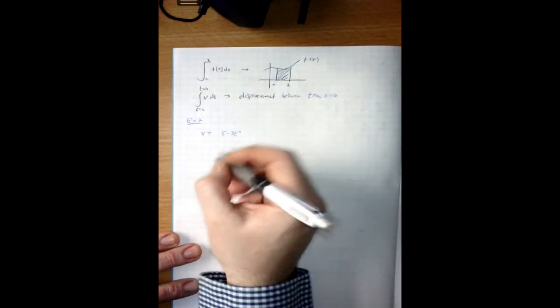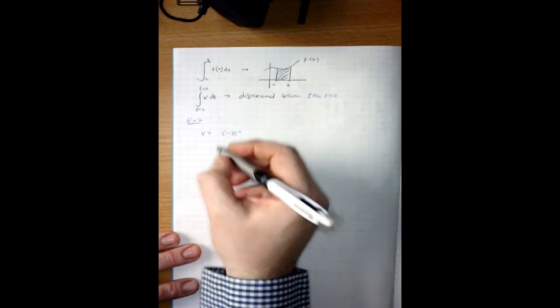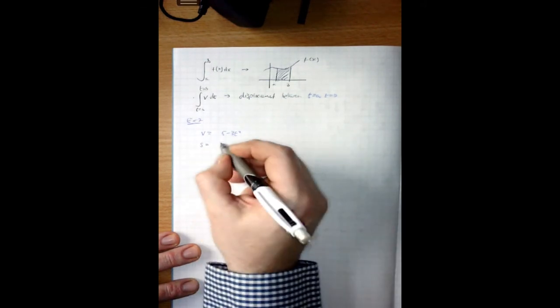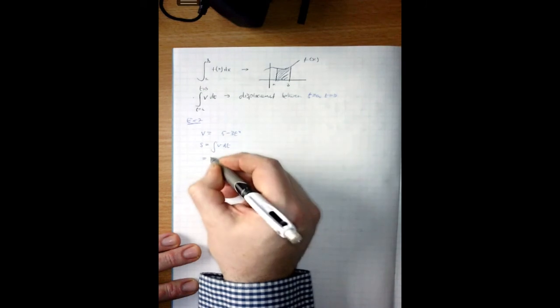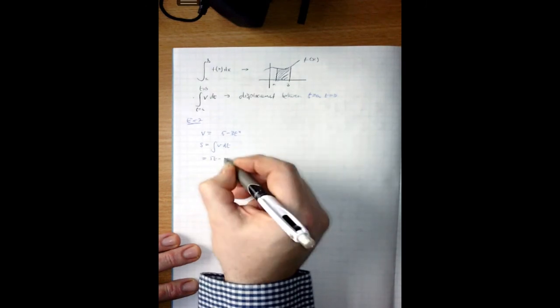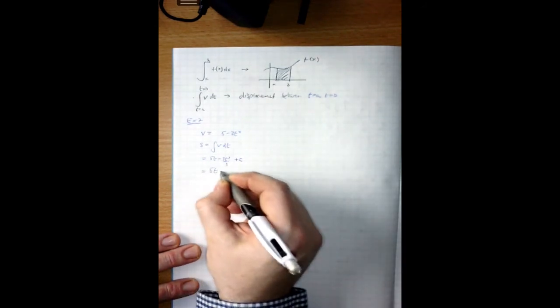So I'm going to integrate to get the displacement. The integral of v, which of course is 5t minus 3t cubed over 3 plus c. Let's just simplify that.